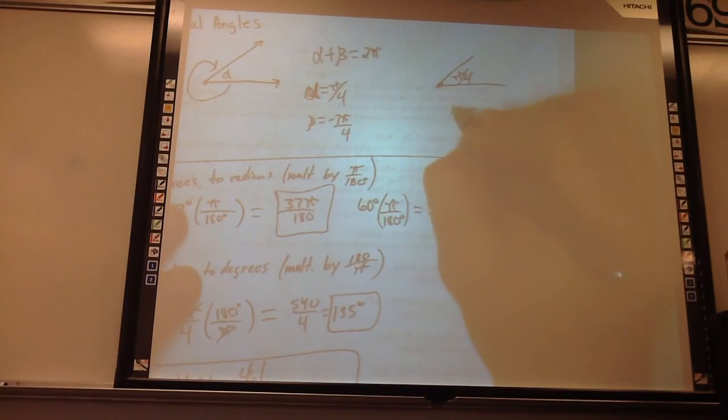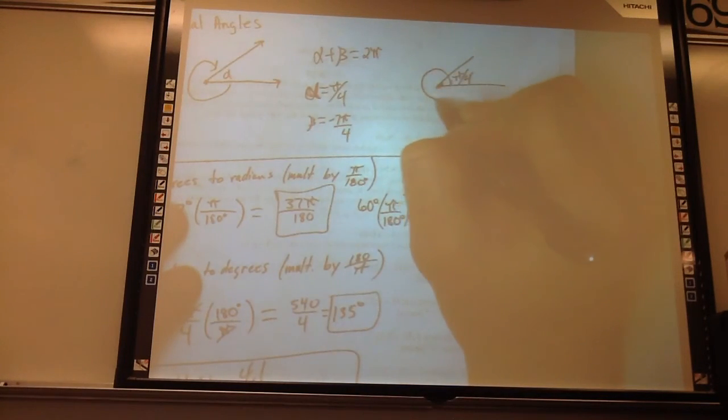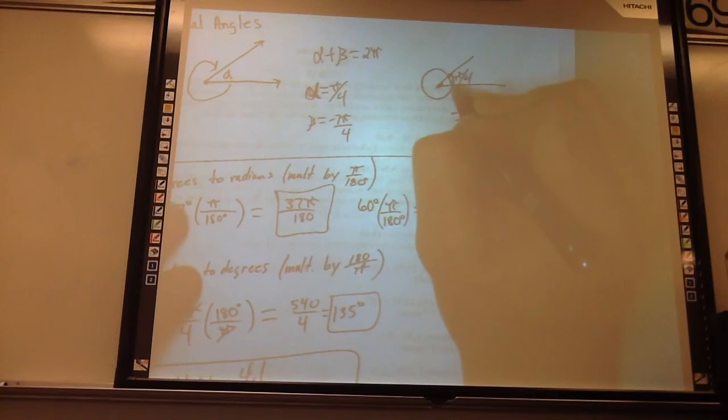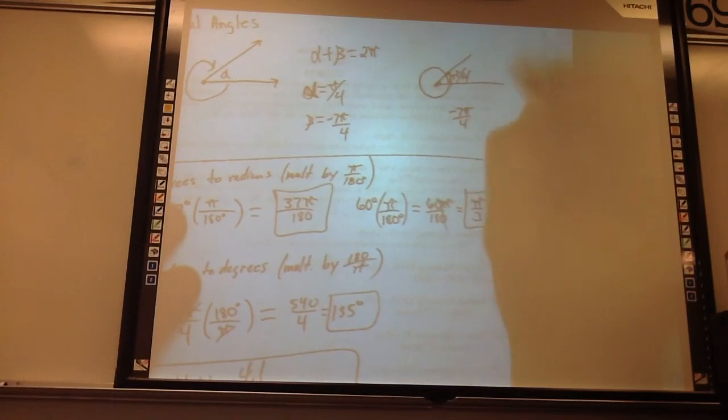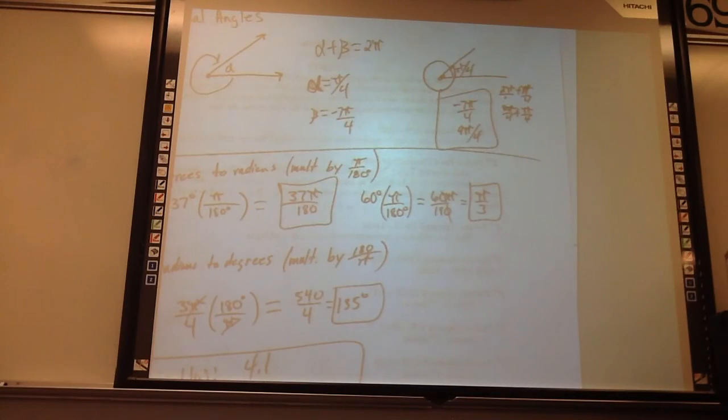You can go all the way around the circle and then stop there again. So that would be a full 2 pi plus another pi over 4, which would be 8 pi over 4 plus pi over 4, so 9 pi over 4. So basically you do 2 pi plus that number and 2 pi minus that number to get your two different answers.